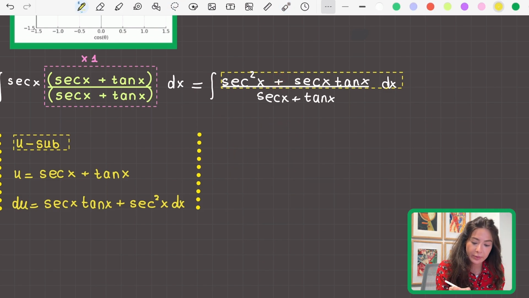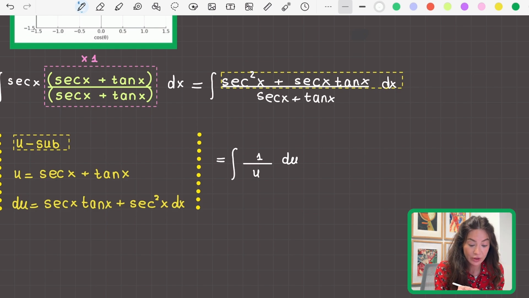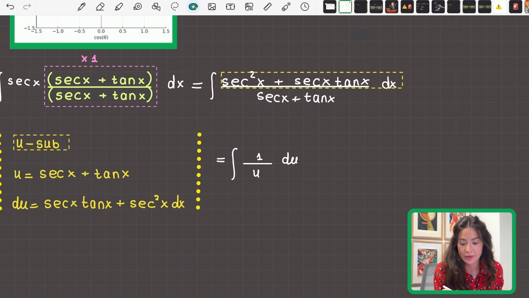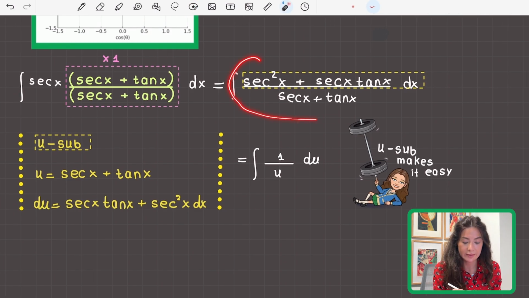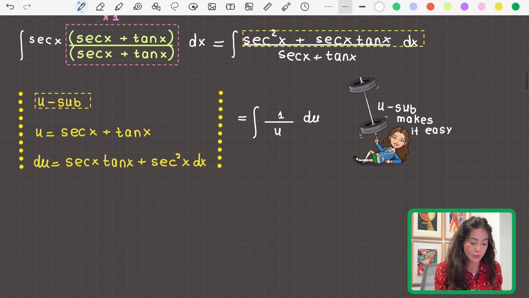So now I'm going to rewrite this integral with my new u sub. And it already looks so much better. That's what u sub does. It makes a very complicated integral turn into something so easy that it is part of your basic rules for integration.